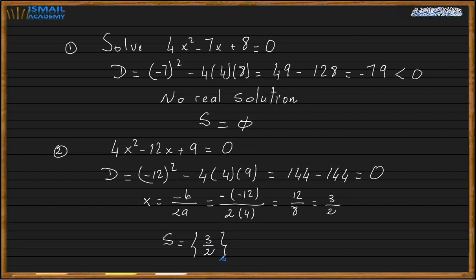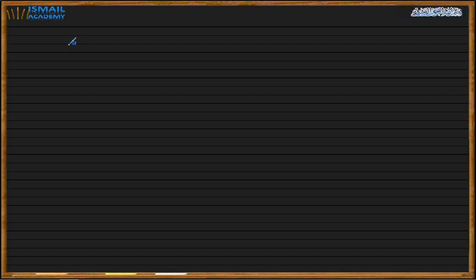Last example. Suppose I have to solve 5x squared minus 9x plus 2 equals 0.